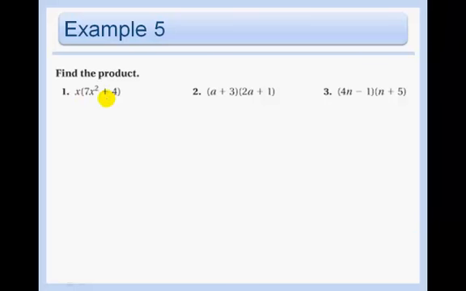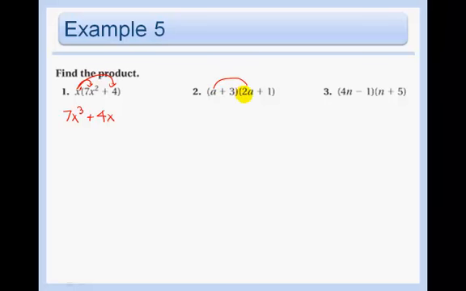Here's a couple more. So in this one I don't have any FOIL, right? I don't have two binomials, so I just do distribute. And x times 7x squared would be same basis, so you add the exponents, 7x cubed plus 4x. That's it. In this one we have two binomials, so we will FOIL or we will fail, your choice.